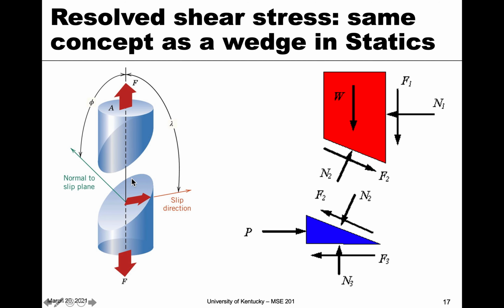And the same is true with this. We can think about our tensile sample as basically a wedge because our slip system is going to be at some angle. So that would be the angle of the wedge. And we can resolve the forces in the plane along the slip direction and normal to the slip direction. So that's essentially what we're trying to do with this.